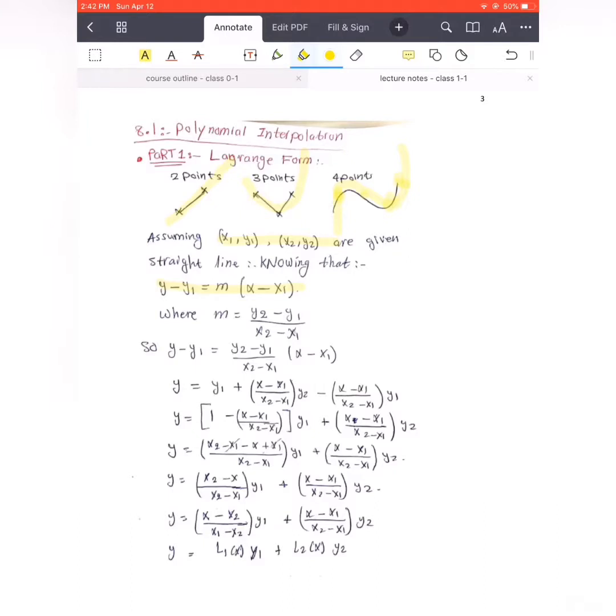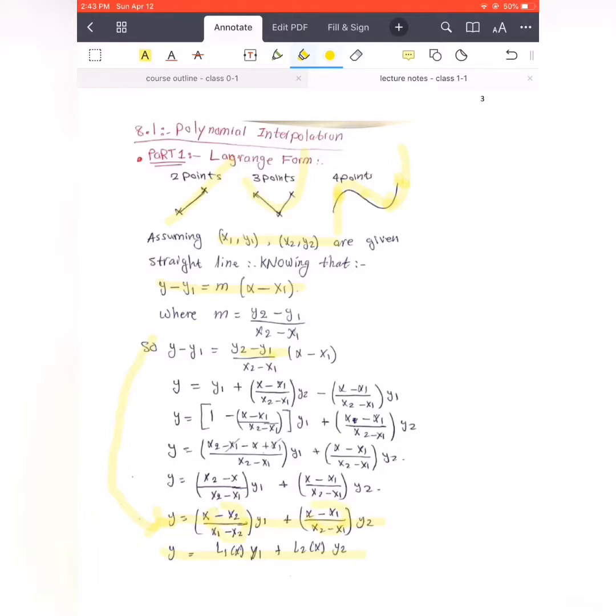But if I substitute the slope and rearrange until you get it like this, this form is called Lagrange interpolation. Lagrange interpolation means there is a function L1 times the value y1 plus L2 times y2, where L1 equals this and L2 equals this value.